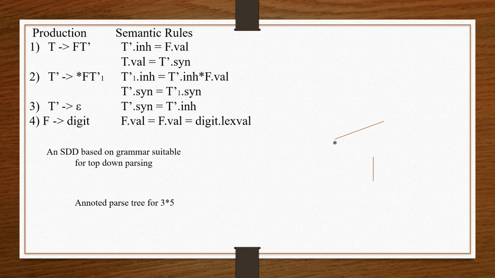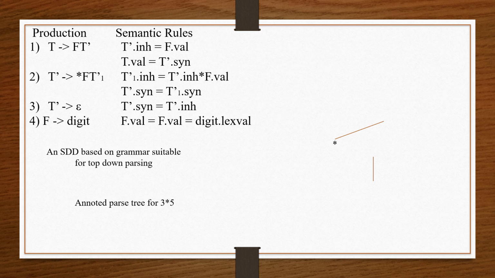But what exactly is the meaning here? Listen carefully, each of the non-terminals T and F has a synthesized attribute called VAL. The terminal digit has a synthesized attribute called lex value.